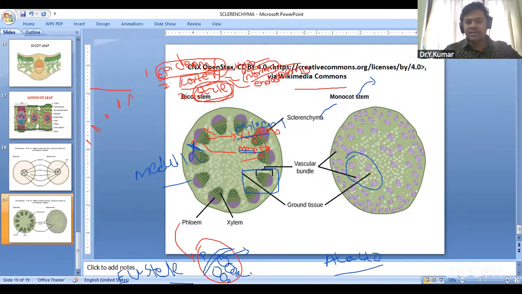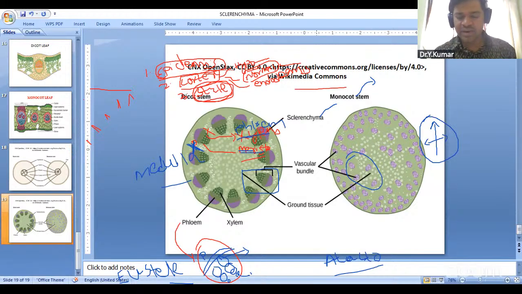So linear, upright growth is primary growth, which takes place with the help of the apical meristem, and radial growth, width, is called secondary growth. Right, I think the definitions of primary and secondary growth are clear.